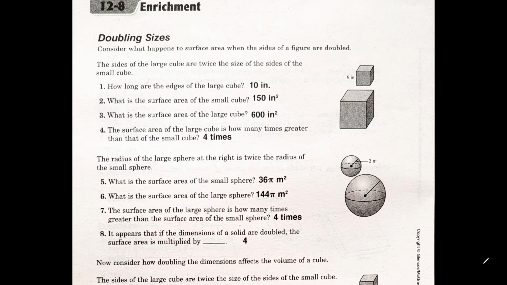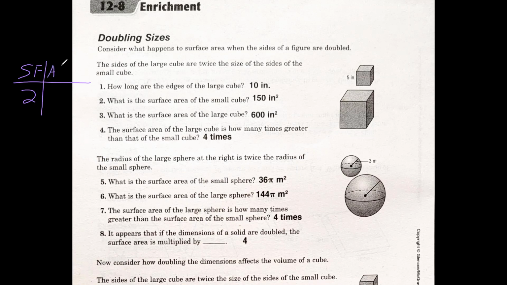So on here, first thing they said is how long are the edges of the cube? Well, if they're doubling, that means that our scale factor of 2, right? Because if we're doubling, our scale factor is actually 2. 2 over 1 or just 2.